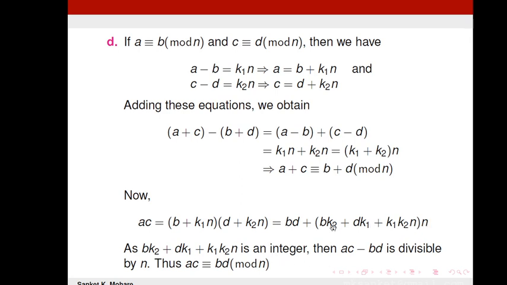How does this term occur? B into D, BD, B into k2n, D into k1n, and k1n into k2n. In all these terms, I take n common out. So we obtain BD plus B k2 plus D k1 plus k1 k2 n, and n is common out.